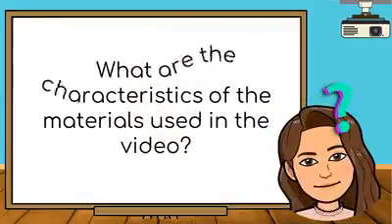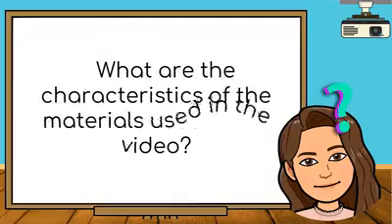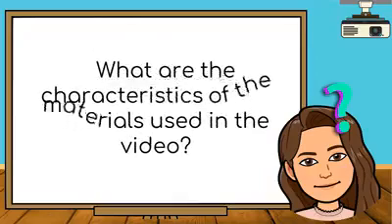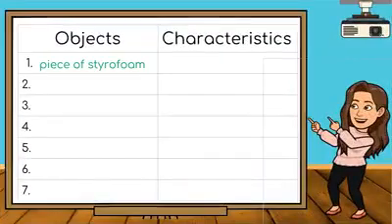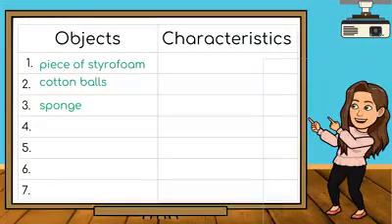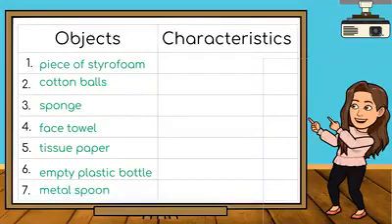What are the characteristics of the materials used in the video? First, let's list down all the materials used. Piece of styrofoam, cotton balls, sponge, face towel, tissue paper, empty plastic bottle, and metal spoon. And now, let's identify two characteristics for each material.